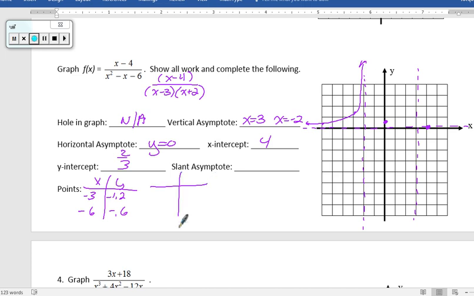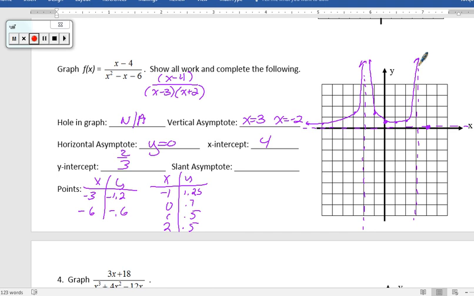Then I'm looking for some points in that middle section. So I grabbed negative 1, told me it was 2.5, 0 was 0.7, but we knew that from the y-intercept. I got 1 at 0.5, 2 at 0.5. So this guy looked like kind of here, kind of straightened out, and then he starts heading up again. It's looking something like that.